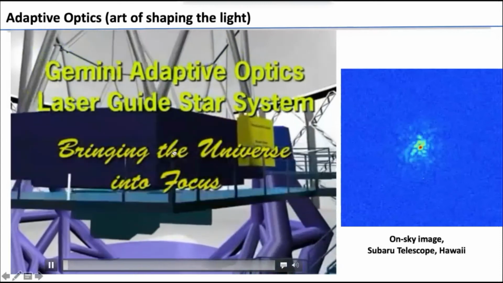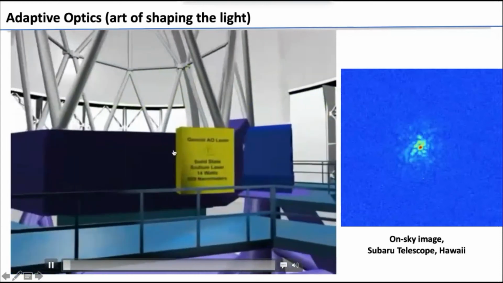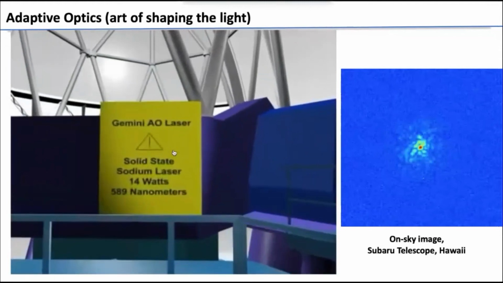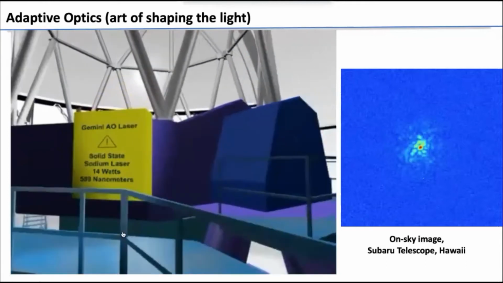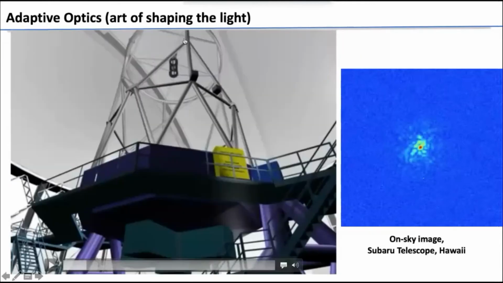All right, I'm just explaining what adaptive optics is, basically. Now we want to study these four structures here; these are the spider arms. The light is coming from the top. This is your primary mirror.